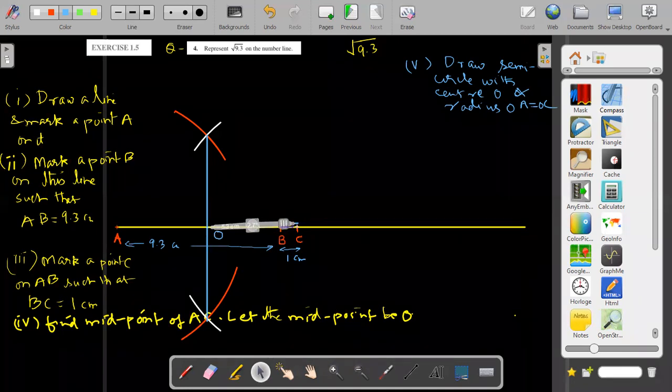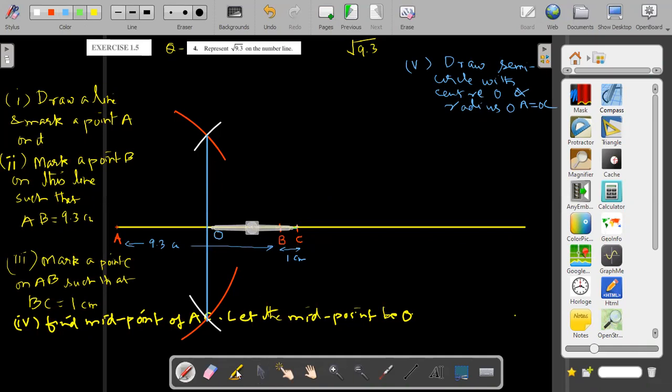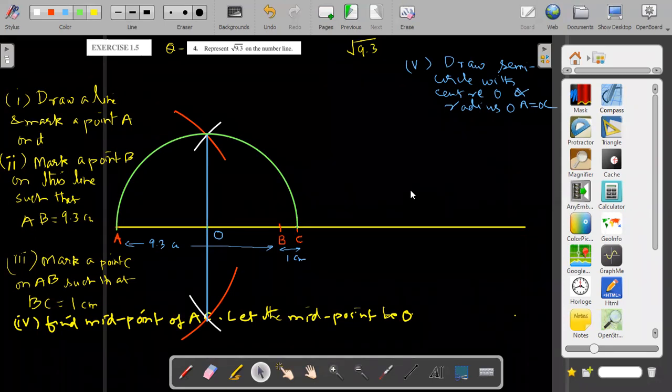It should pass through C. Now you will draw the semicircle. No need to draw below this line. Like this, you will draw. This will always pass through A and C. That means you have done it correctly.